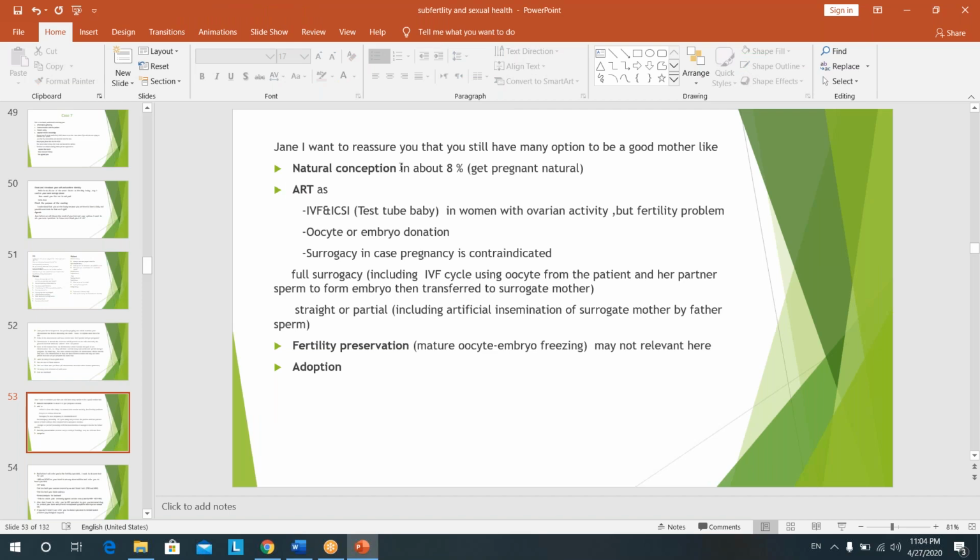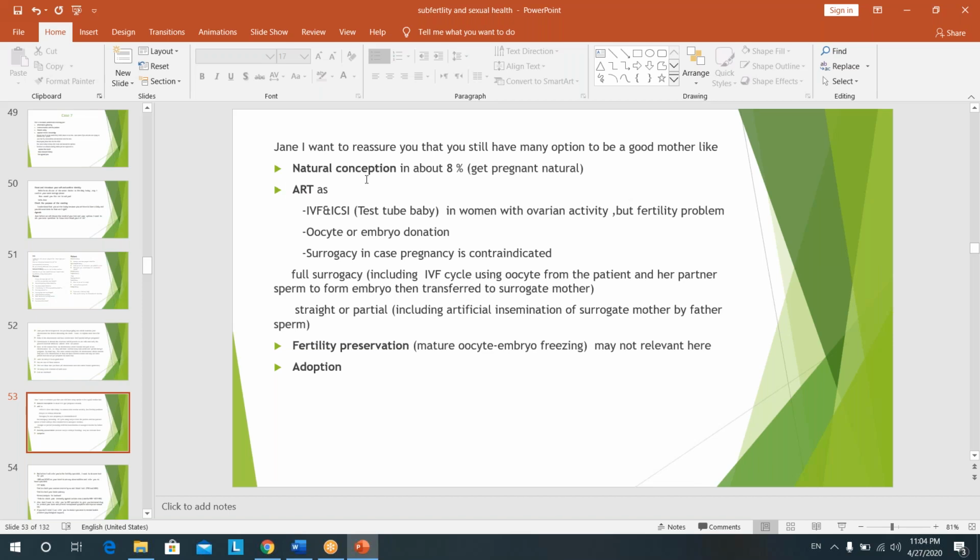So Jan, I wanted to assure you that you still have an option to be a good mother. This patient has a small chance to be pregnant on her own, by natural conception. Some patients with Turner syndrome may have some ovarian reserve or ovarian activity, so she may become pregnant on her own, and this is a small chance, about 8%.